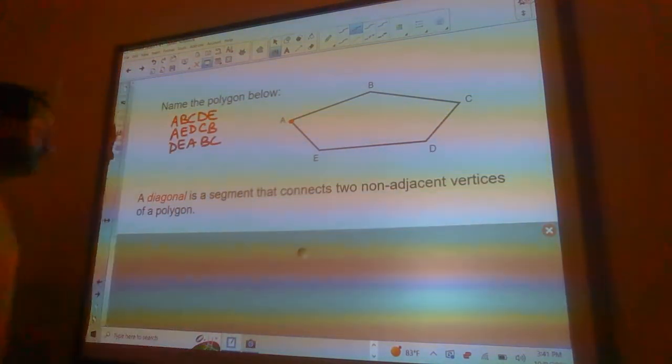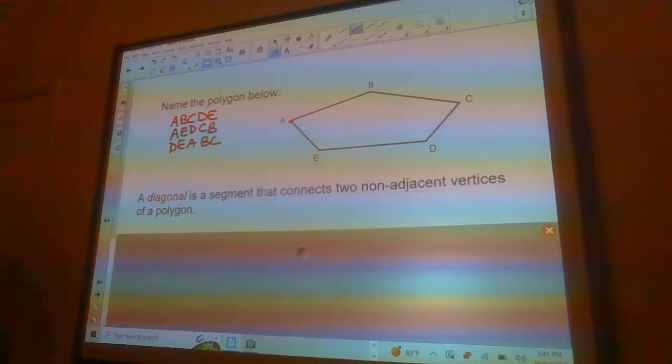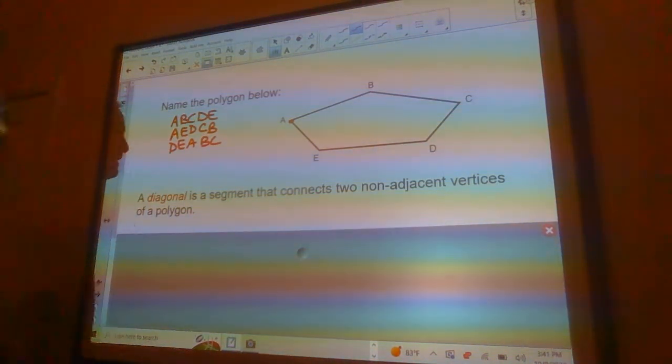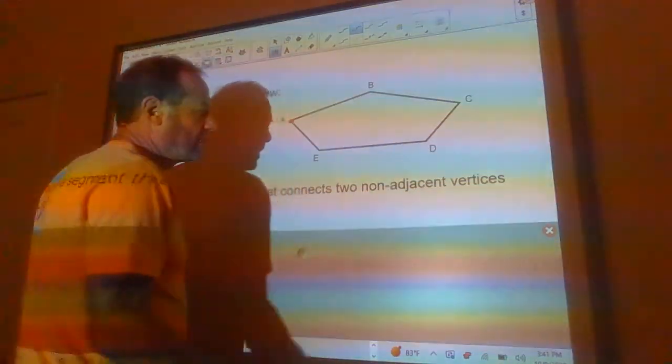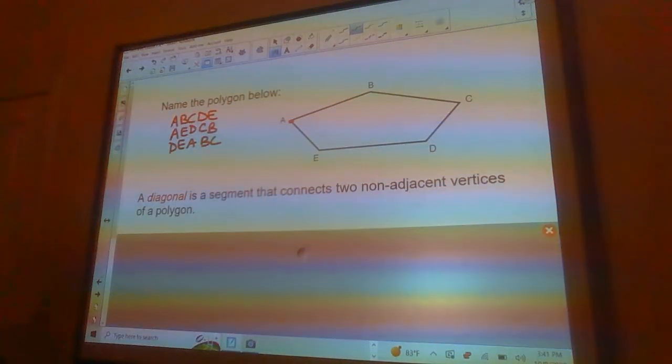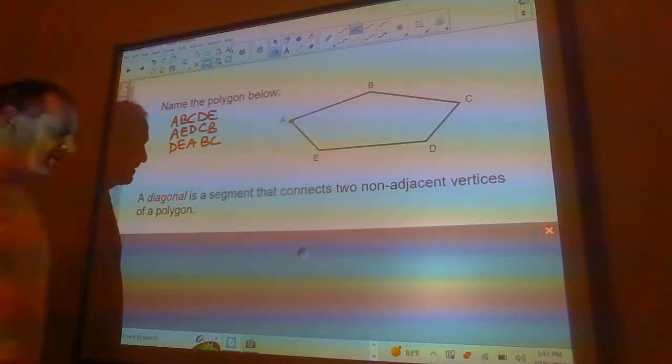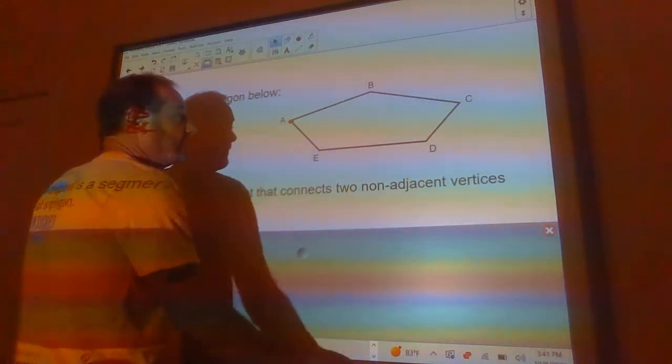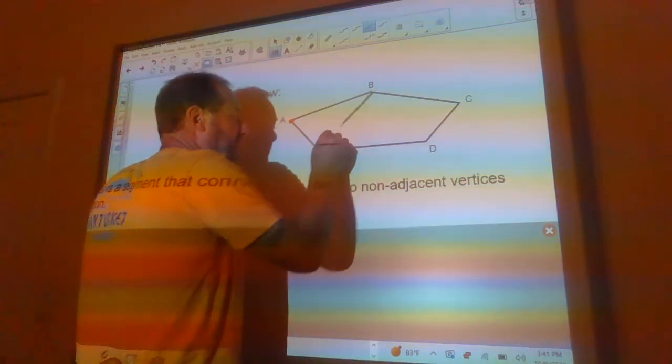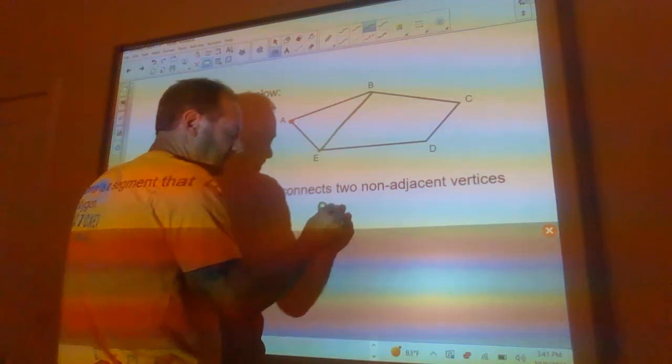All right. A diagonal is a segment that connects two non-adjacent, so adjacent means next to, so two vertices that are not next to each other of a polygon. So a diagonal here, this would be a diagonal, BE.